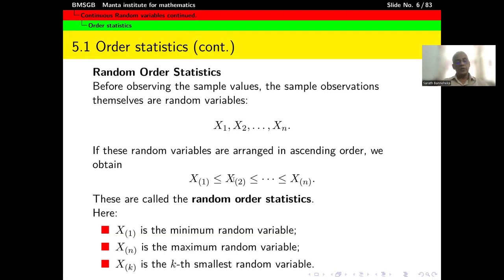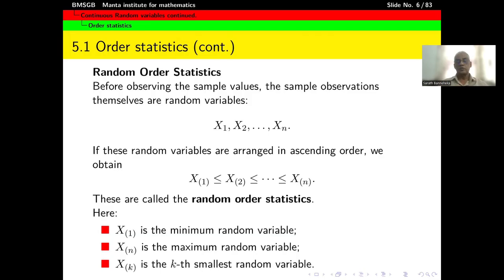Now notice that X1 up to Xn are random variables. They have distributions. If they are IID, their distributions will be the same, and they are independent. Especially they are independent, even if these are coming from the same distribution. For example, if all these are coming from uniform, the distributions of the order statistics don't need to have the same distribution.